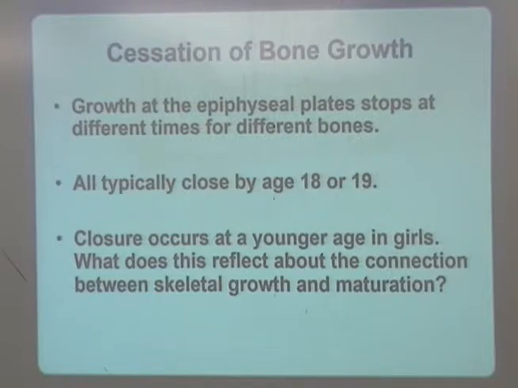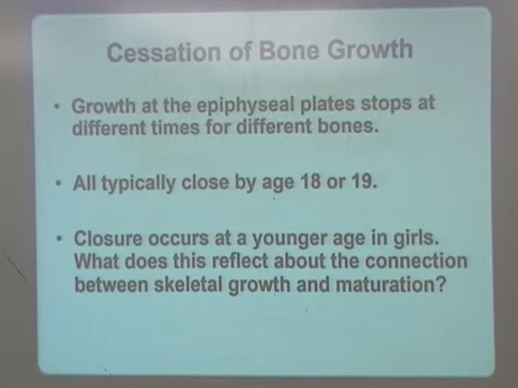Some of the bone skeletal type injuries, anybody know anyone that had Osgood-Schlatter's disease? You had it? Right, so Osgood-Schlatter's is a problem at the knee where the patellar tendon attaches to the front of the tibia.